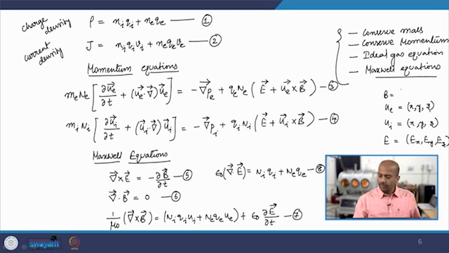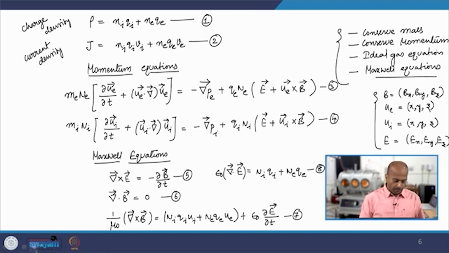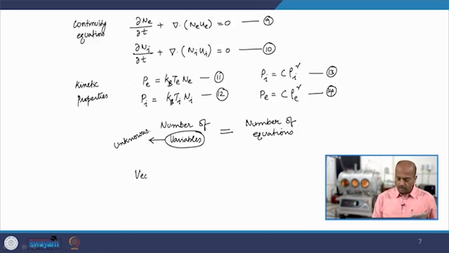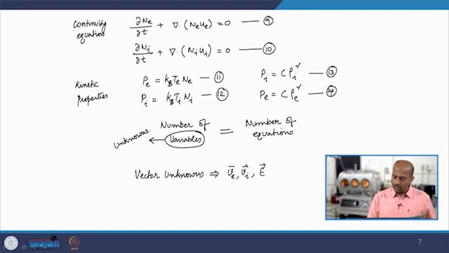The magnetic field will also have Bx, By, Bz. So these are the vector unknowns: the electron fluid velocity, the ion fluid velocity, the electric field and the magnetic field.